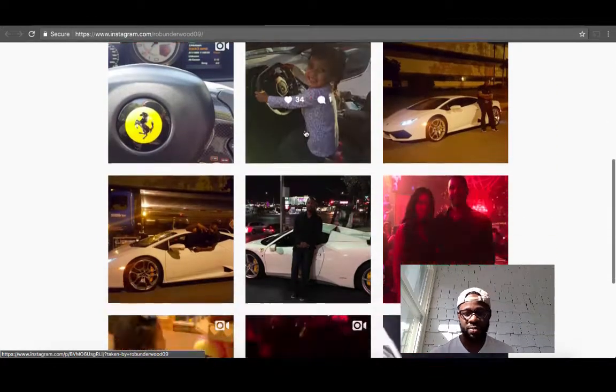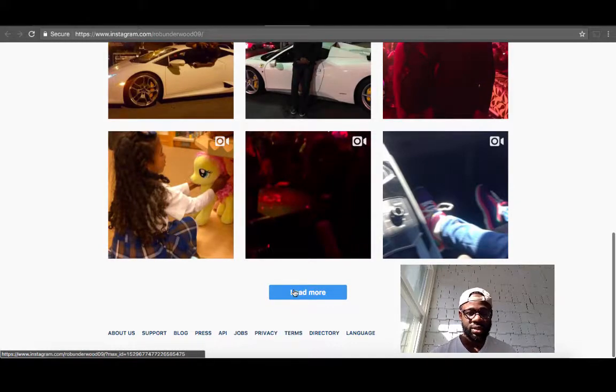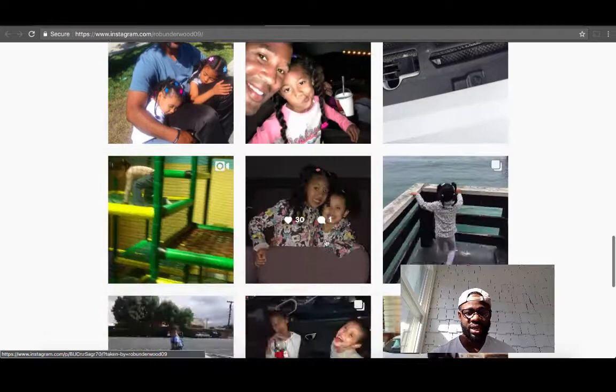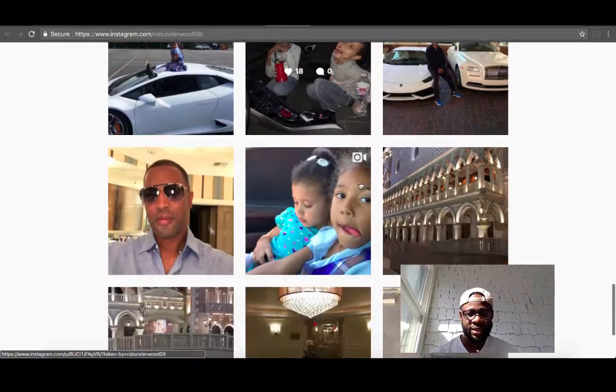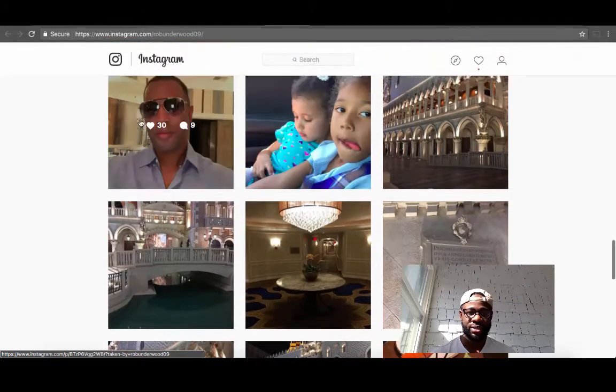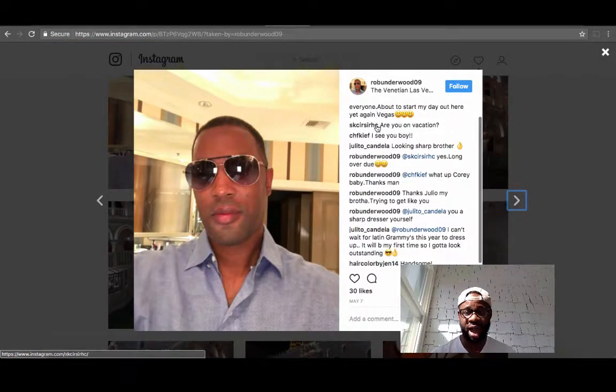Okay, so Rob likes clubbing. He likes fancy cars. Kids. He likes the beach. So this gives you a sense of, okay, he likes nice cars, he likes nice things, he has his cool shades, he goes to cool places. And then let's also look at how people are interacting.